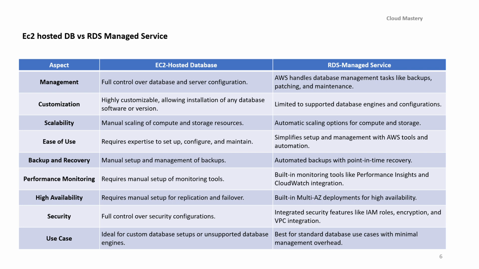With EC2 you have full control of your databases and server configurations, but with RDS, database management tasks like backup, patching and maintenance are handled by AWS, not by you. So that is the way you can reduce your manual effort compared to the first option, full control over the database and server configuration on the EC2 side. That makes the RDS service easier to use.